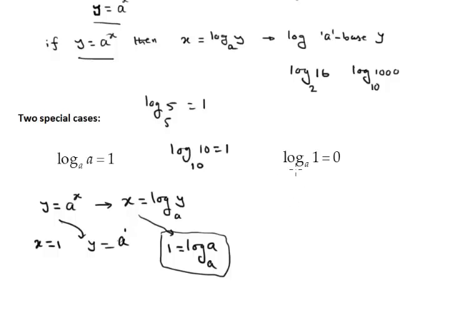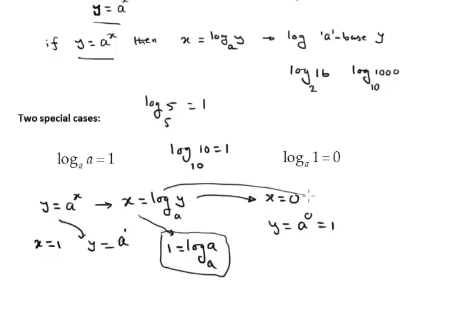Another special case here is log of any base with value 1, that is if the value is 1, then the log function will give us 0. From the same definition, if we put x equals 0 in y equals a to the power x, then y equals a to the power 0, which is 1.